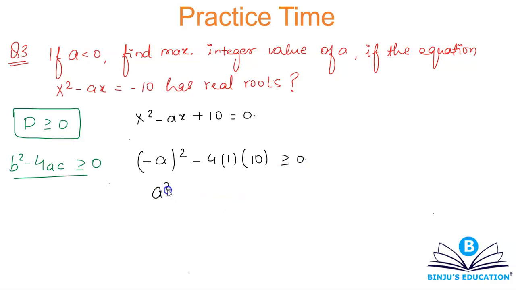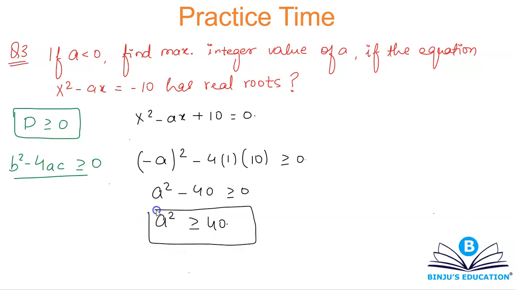So you want a square minus 40 to be greater than or equal to 0, and you want a square to be greater than or equal to 40. Now a is negative and we are looking for an integer value. Now we know that minus 1 square is 1, minus 2 square is 4, minus 3 square is 9. Likewise, minus 6 square is 36 and minus 7 square is 49.